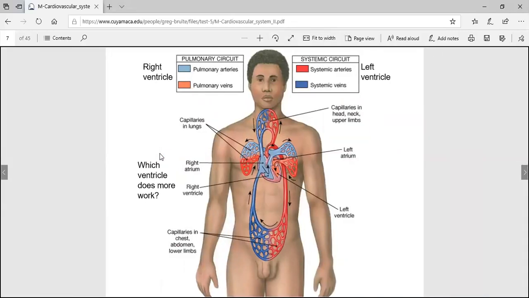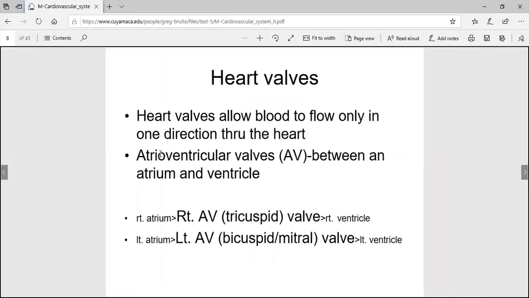We already went over the pulmonary versus the systemic circuit. The pulmonary circuit goes from the heart to the lungs and back, and the systemic circuit goes from the heart to the body and back. The valves, we talked about a little bit. I just go right AV and left AV.